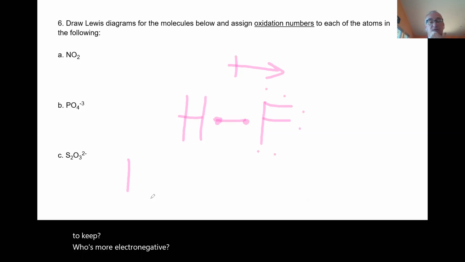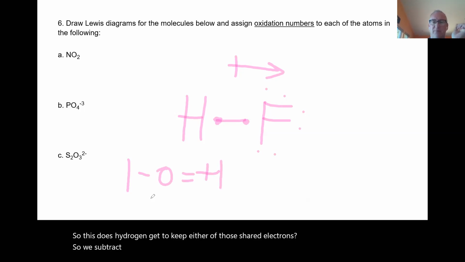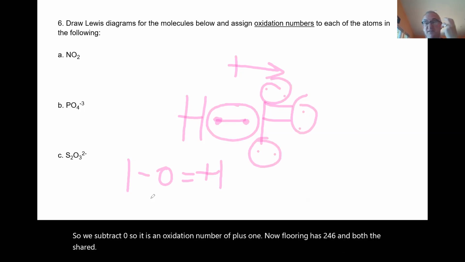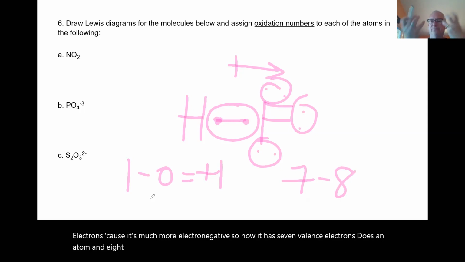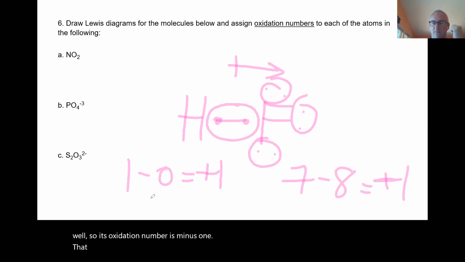So does hydrogen get to keep either of those shared electrons? No. So we subtract 0, so it has an oxidation number of +1. Now fluorine has 2, 4, 6, and both the shared electrons, because it's much more electronegative. So now it has 7 valence electrons as an atom, and 8 valence electrons when it keeps all of the bound electrons as well. So its oxidation number is -1, not +1, -1.